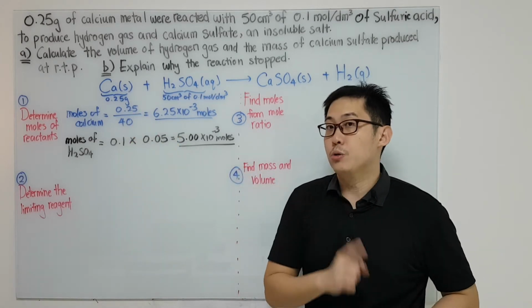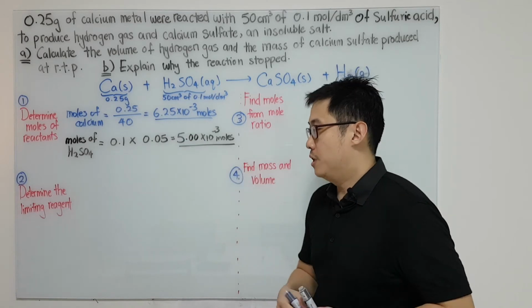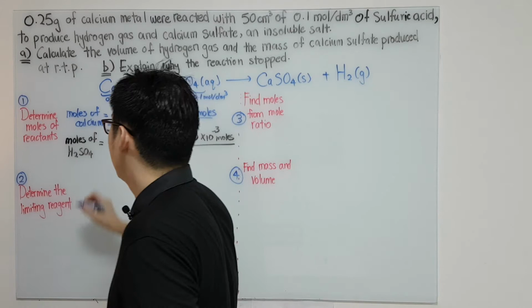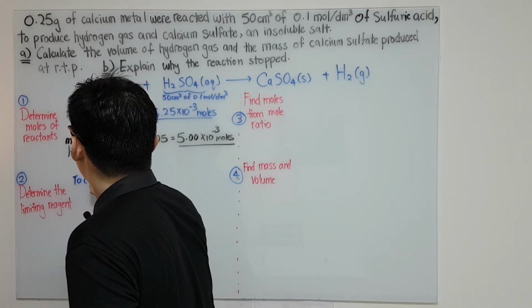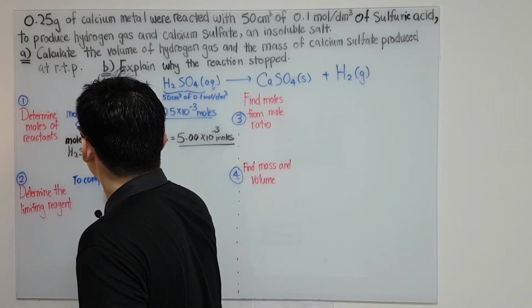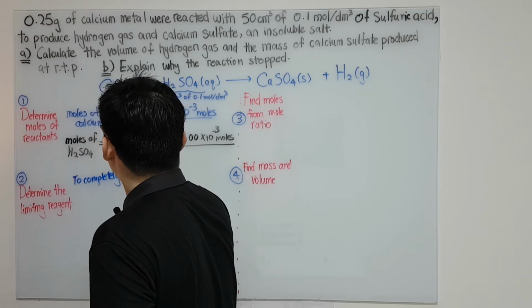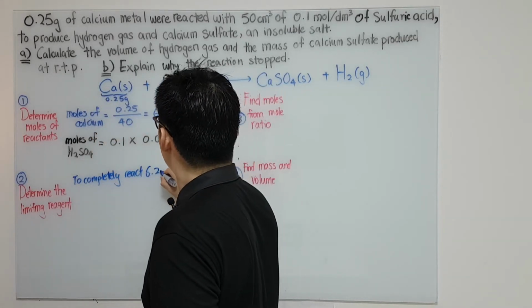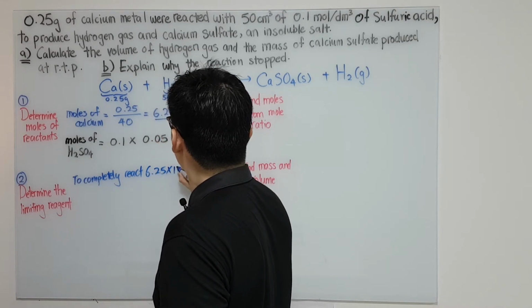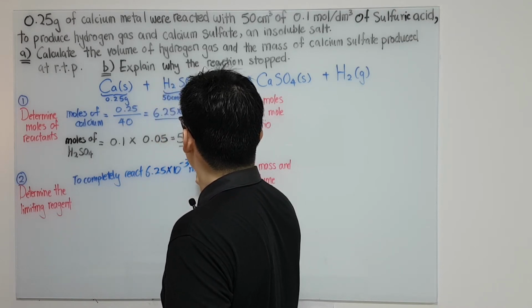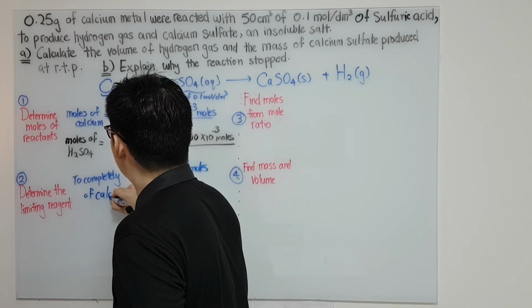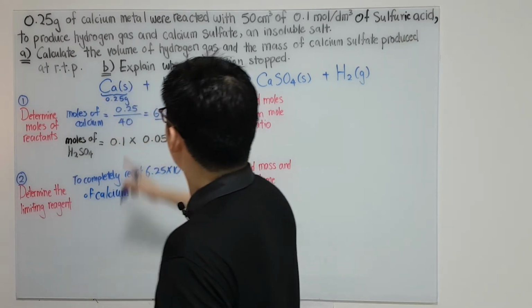Now, assuming I were to choose calcium, how would this look? When I choose calcium, what I will say is to completely react 6.25 times 10 to the power of negative 3 moles of calcium. Students, take a look with me at this equation.